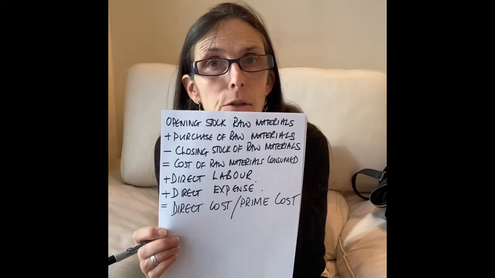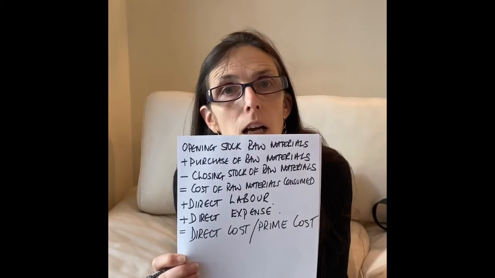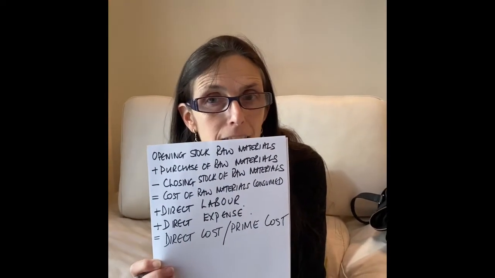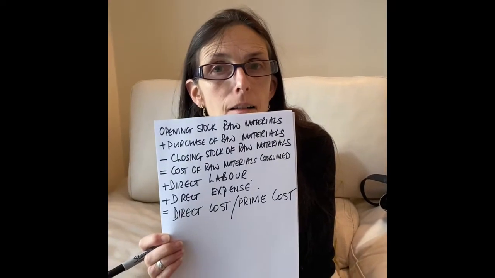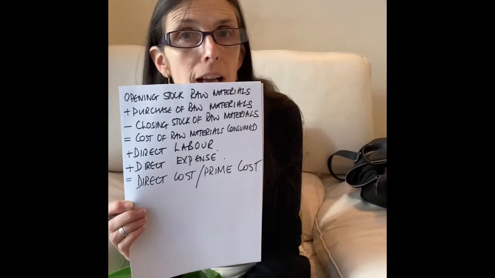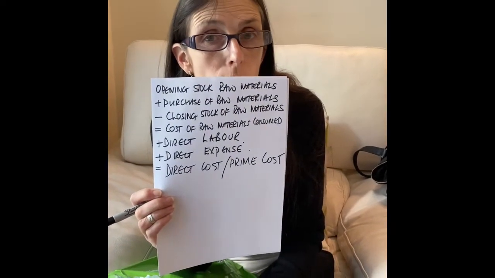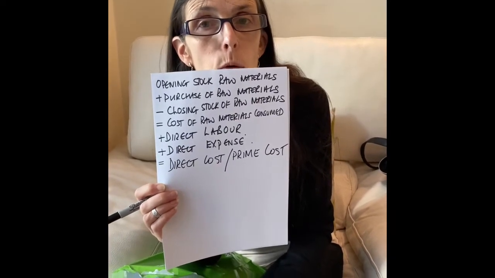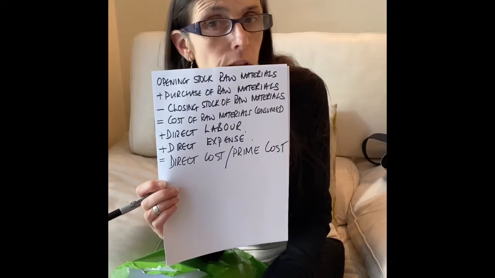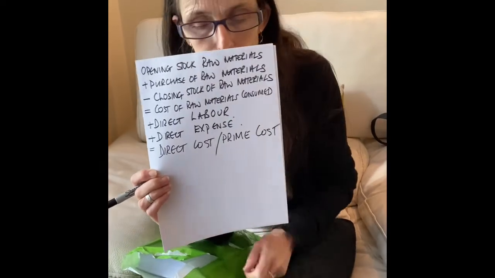So what we have to do next, if we want to actually work out a proper manufacturing cost, is add in also these indirect or overhead production costs. So on top of this prime or direct costs, we're going to add in our manufacturing or production, whichever they want to call it, manufacturing or production overheads.